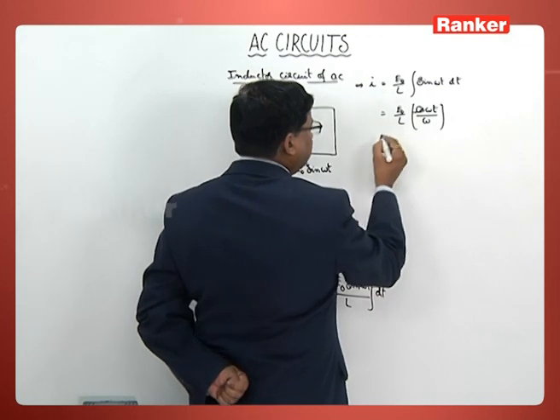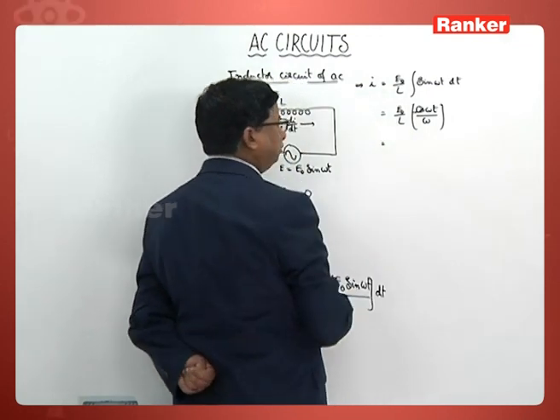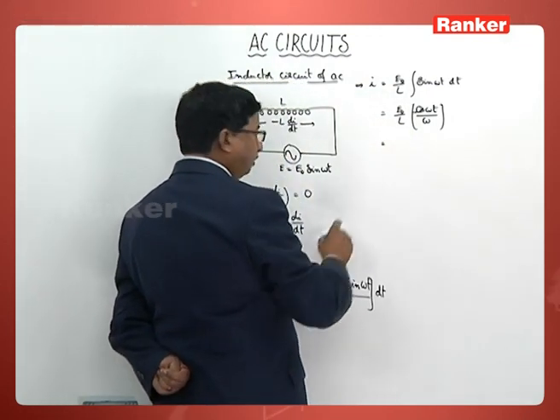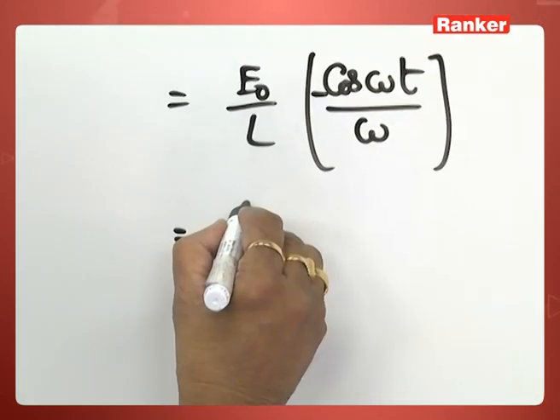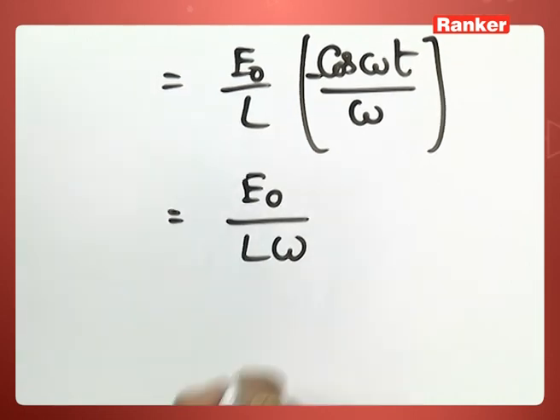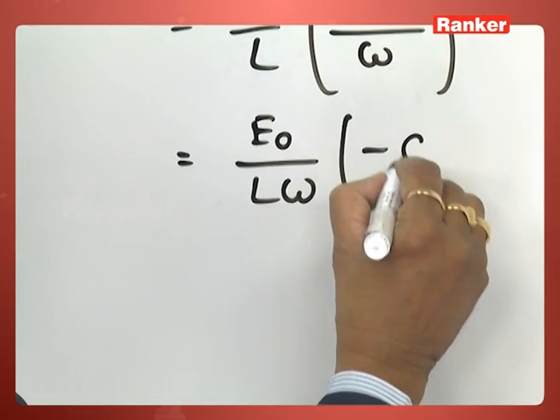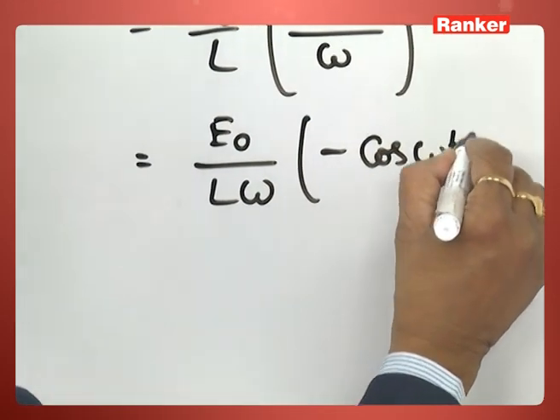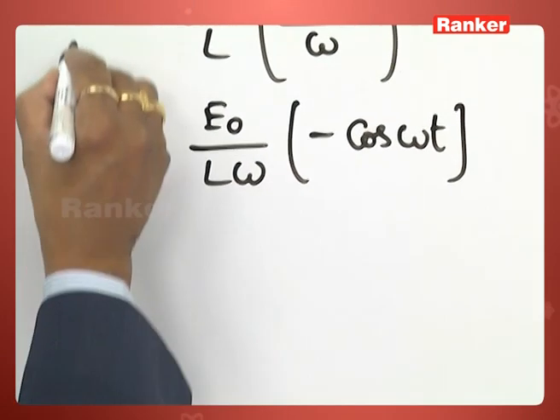If you just consider the same equation this way, E naught by L omega into minus cos omega t, we can write this as the current I now.